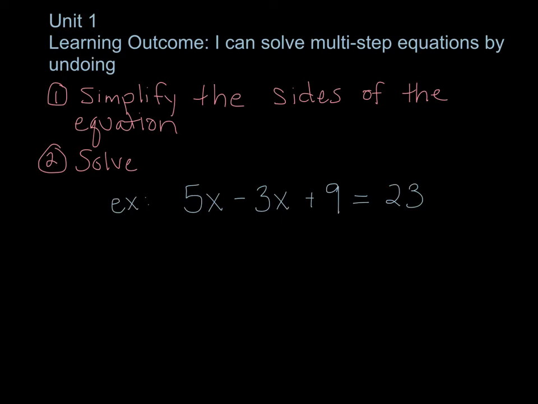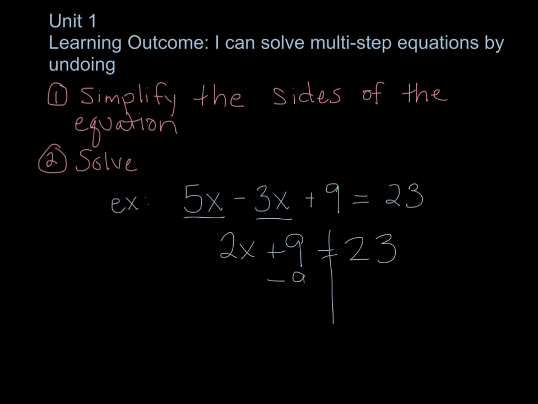First, we want to simplify this. By that, I mean I'm going to combine our like terms. So we have 5x minus 3x to get 2x plus 9 equals 23. So this looks a lot more familiar after we've simplified our equation. So now I can solve.